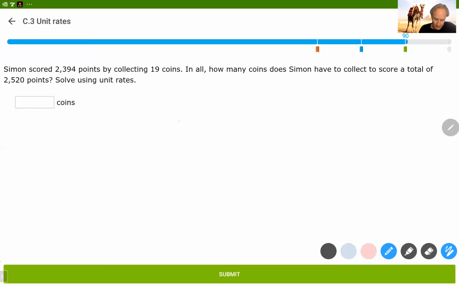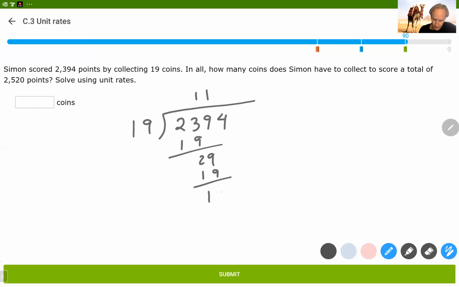Okay, so 2394 points by collecting 19 coins. Goes in once, into 29 once, into 104.